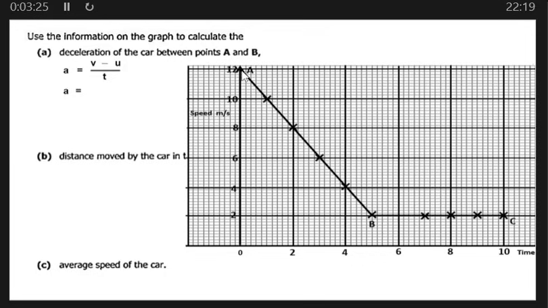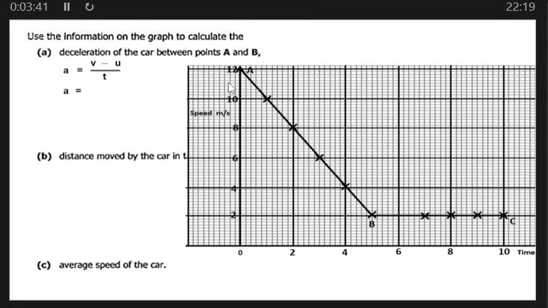So between point A and point B, since point B is on the right side of point A, point B is the final point of the journey, and point A is the initial or starting point.